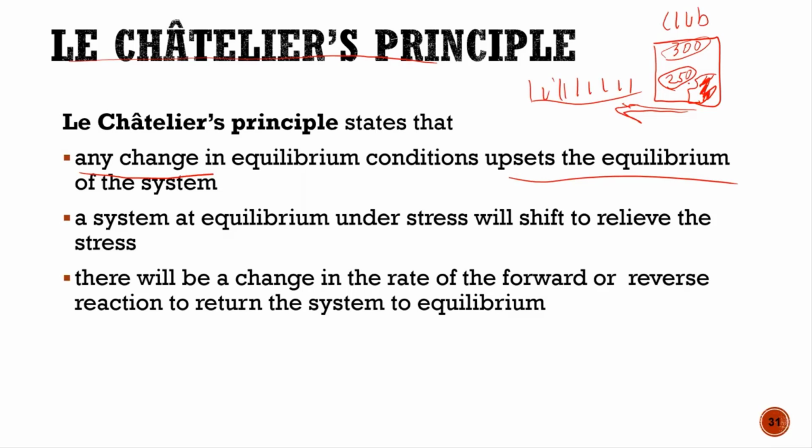If only 250 are allowed, at first the reverse reaction is going to be greater than the forward because I need to get 50 people out. But once equilibrium is reestablished, then it would be the same. As 2 people leave, 2 people can go in. But I first have to reestablish equilibrium.